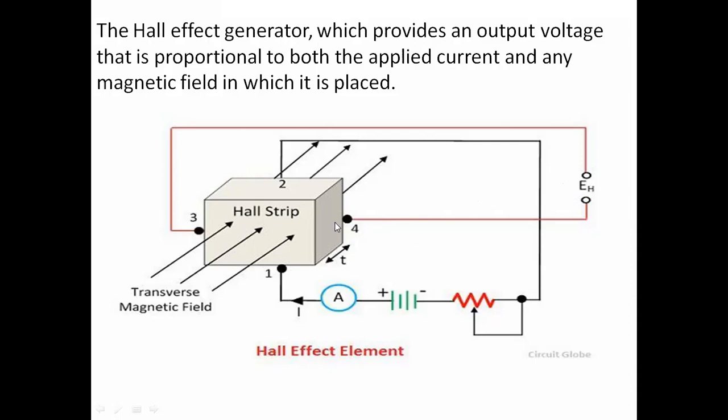Suppose there is any change in the magnetic field. Here we can change the magnetic field or we can change the current. If any one parameter changes, then the generated output voltage also changes.